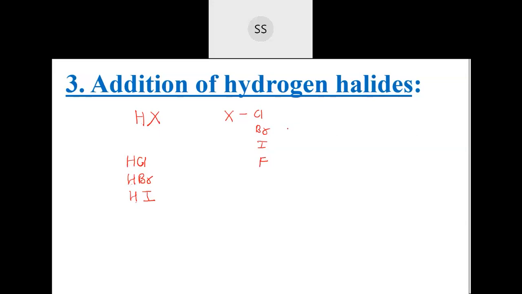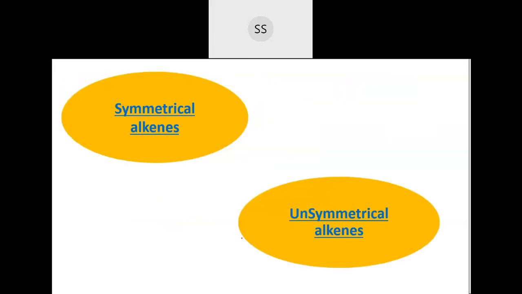Now we are going to take this hydrogen halide and do the reaction with an alkene. The alkene is made to react with HX, and let's see what products will be formed. Before I go for this addition, you need to understand the two types of alkene we are going to discuss here.